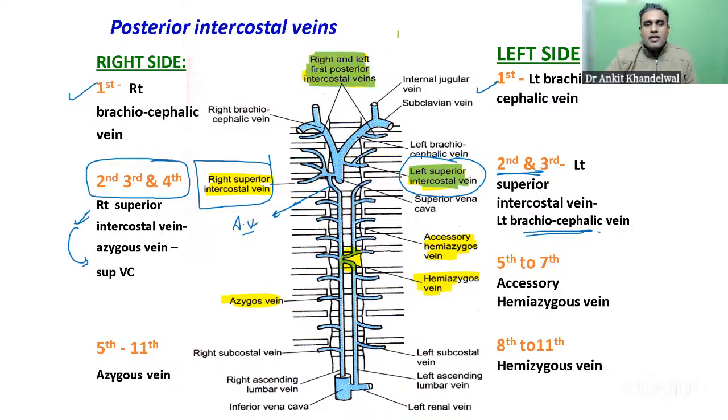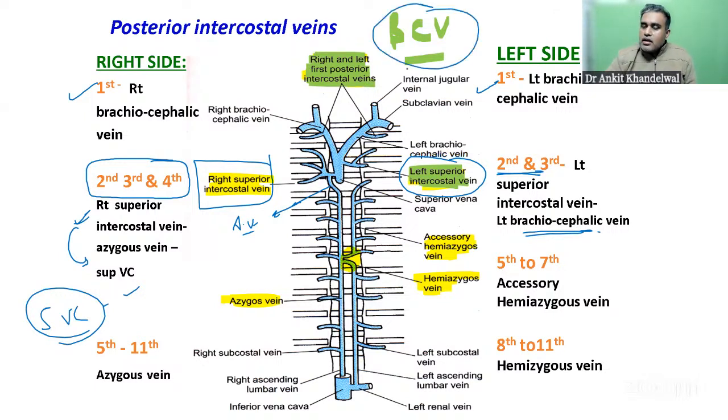This green highlighted, they drain into brachiocephalic veins. And the yellow highlighted, they drain into azygous veins. The basic difference is not much. Why? In a normal person, they all will drain into the SVC only. Because the entire azygous vein or the brachiocephalic vein, they drain their blood into the SVC, which ultimately goes into the right atrium of the heart.